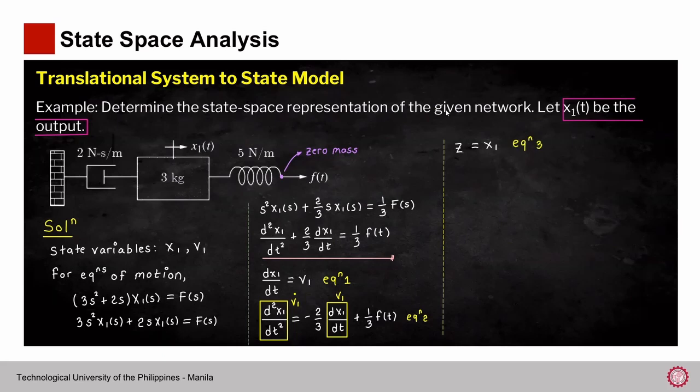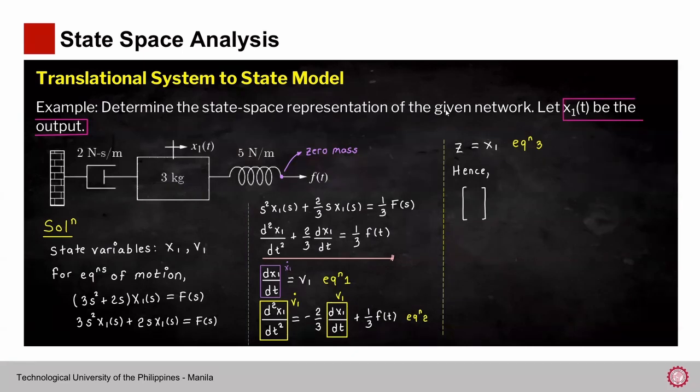So now the derivatives of the state variables are available. I don't think I mentioned that dx1 over dt is nothing but x1 dot, right? So we can now write the state equations, or state model. First, we will write the state variables.